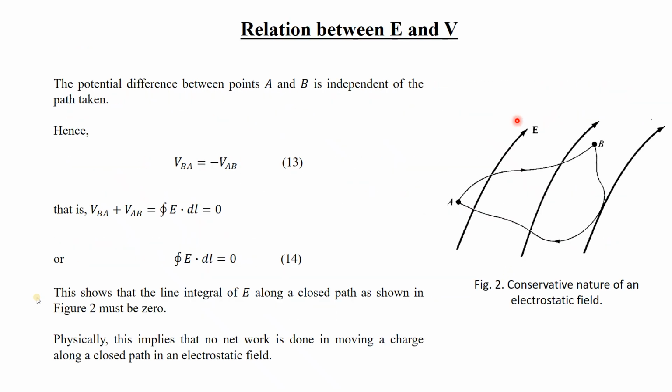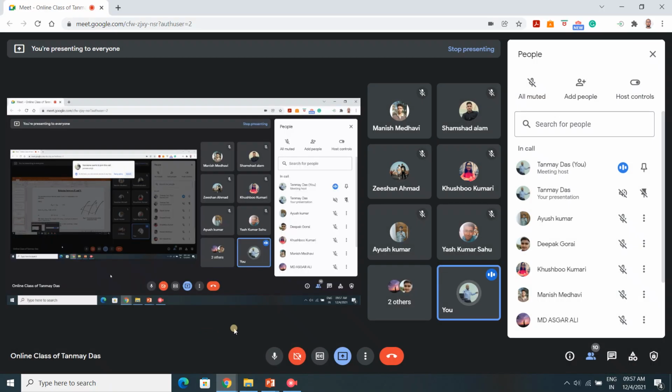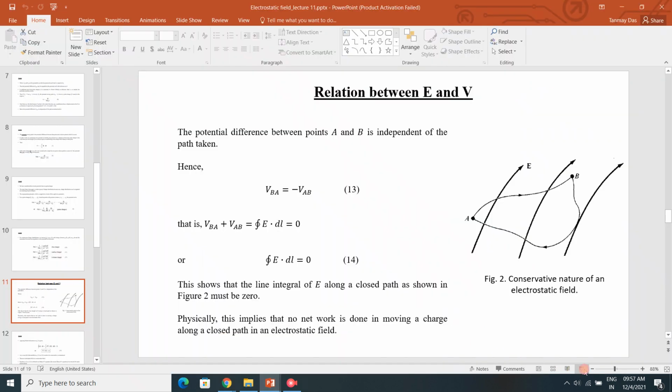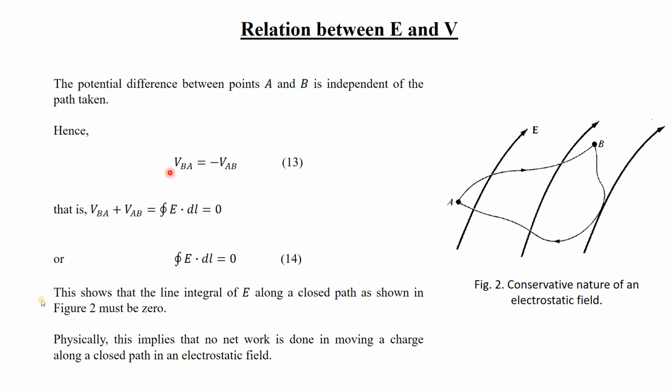Now we will be discussing the relationship between the electric potential and the electric field intensity. The potential difference between A and B is independent of the path taken. That means whatever path you take from A to B or B to A, they are equal, because the potential difference VAB is equal to the negative of the potential difference VBA.